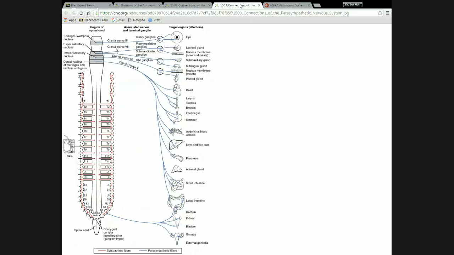Okay, so 3, 7, and 9 go to the head and neck. 10 goes to, usually it's described as everything from the heart to the intestines, okay? Which is anything in the thoracic cavity and most things in the abdominal cavity up to or down to the intestines.